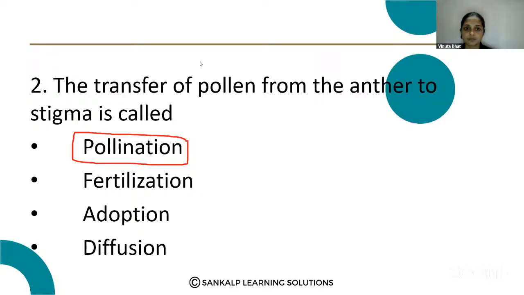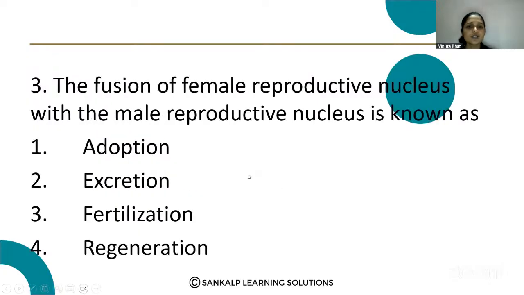Third question. The fusion of female reproductive nucleus with the male reproductive nucleus is known as adoption, excretion, fertilization, regeneration. So these all are very basic level questions.